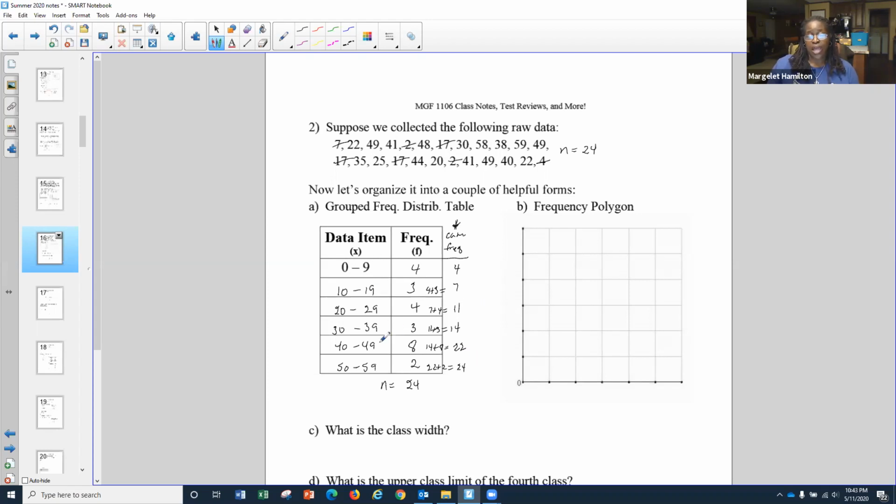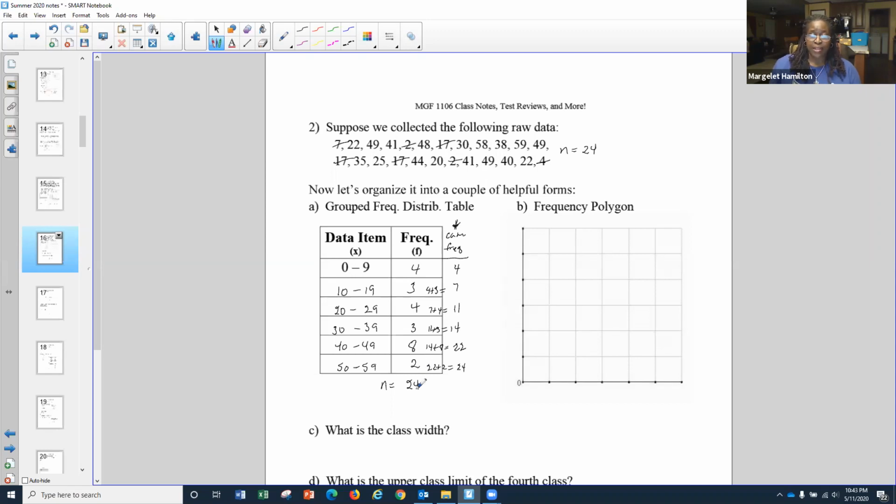Remember, these are our classes. The third class would be here, 20 to 29. What's the cumulative frequency there? 11. Okay, that way you don't have to sit there and try to add them all up by hand. You can easily do it here by creating this column. Okay.